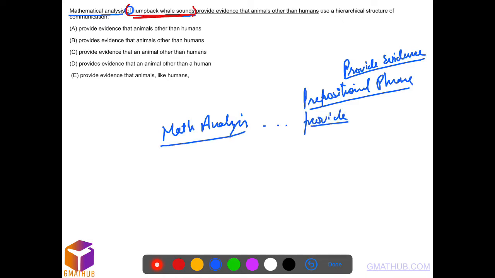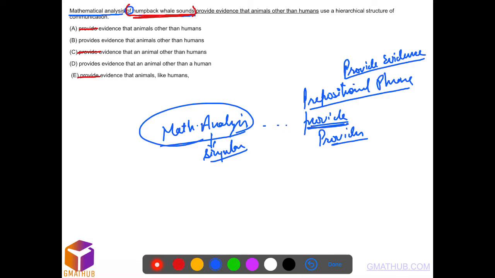Now this is the subject. The analysis is providing the evidence, and provide is the verb, the action. So analysis is singular, so it should be provides. So provide is out.